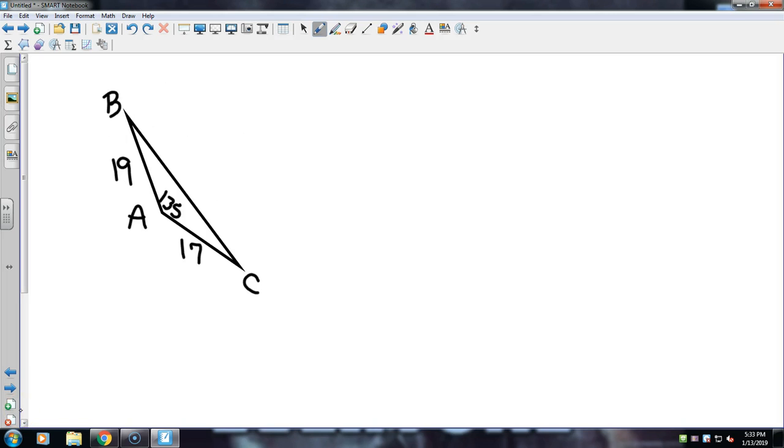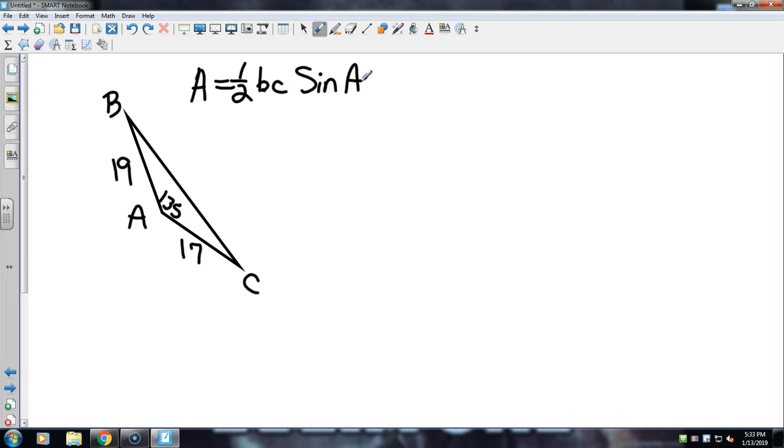Okay, so here's our example, and because we were given A, we are going to do area equals 1/2 BC sine A. Remember that side B and side C are the sides opposite the specific angles.